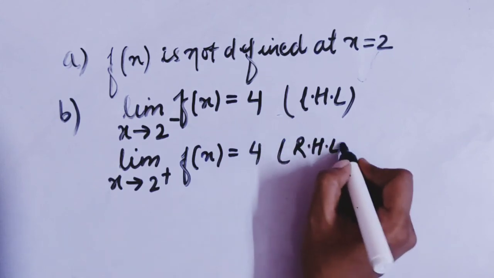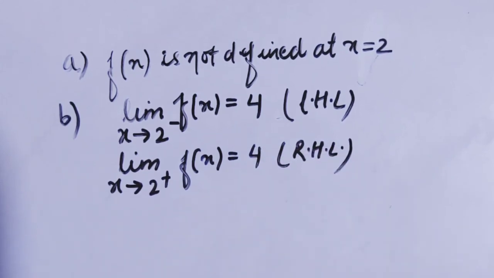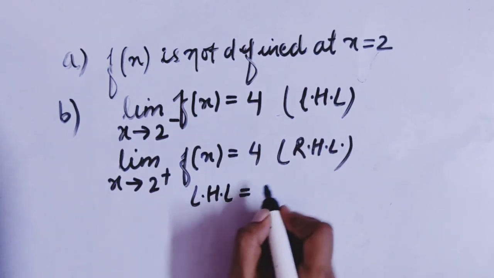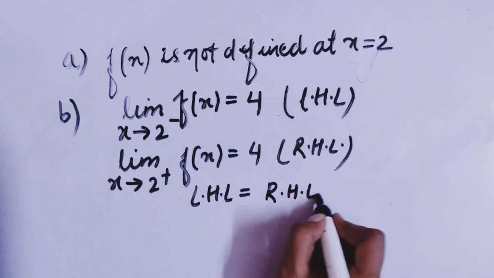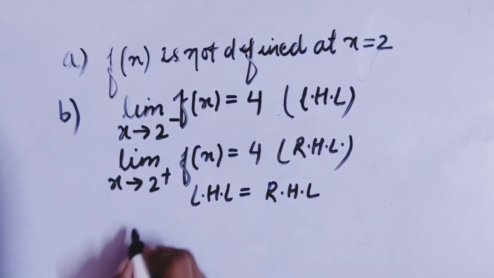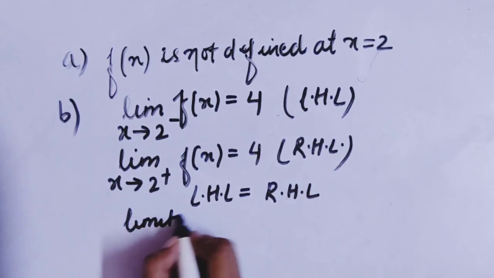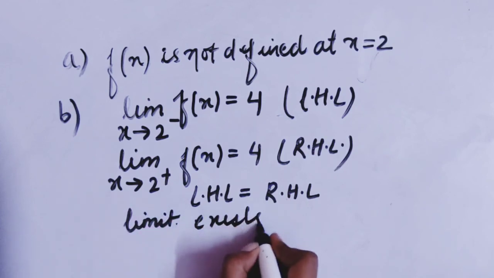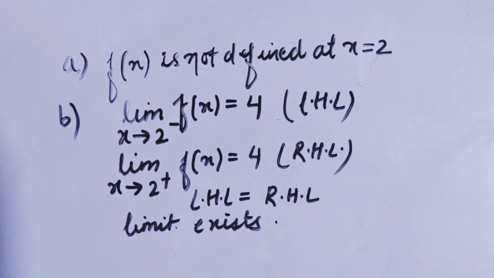This was your right hand limit. So now it is clear from here students, अगर आपकी लेफ्ट हैंड लिमिट और राइट हैंड लिमिट equal होती है, in that particular case we can say that जो लिमिट है, limit जो है वो एग्जिस्ट करती है. उस केस में हम कहेंगे जो लिमिट है वो एग्जिस्ट करेगी. Fine.